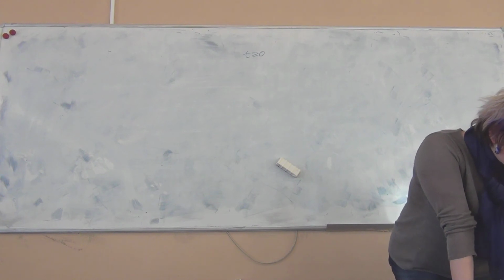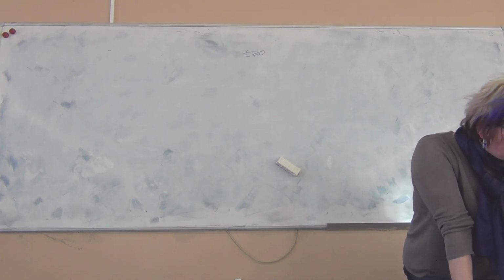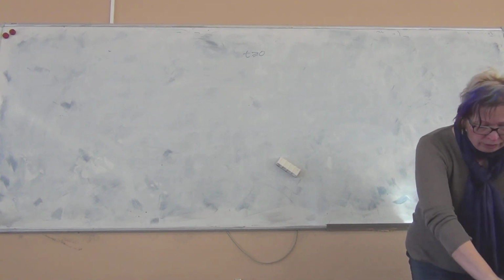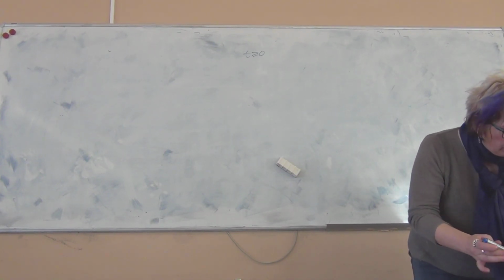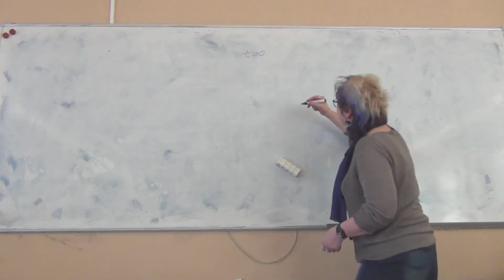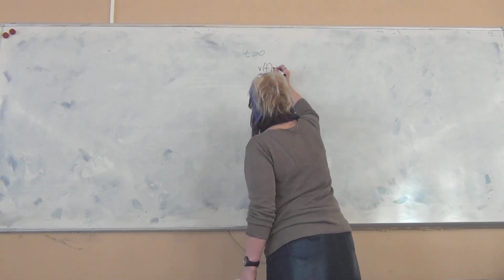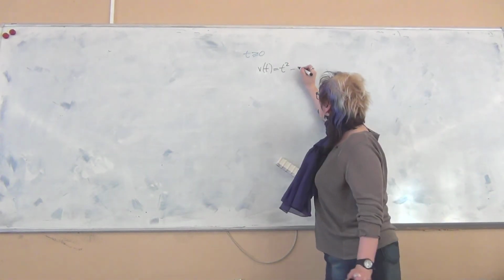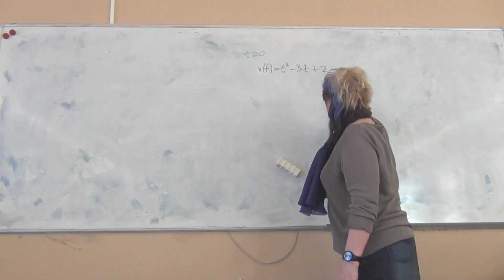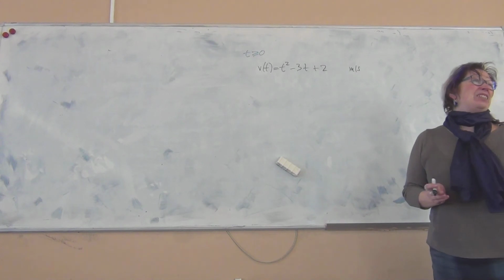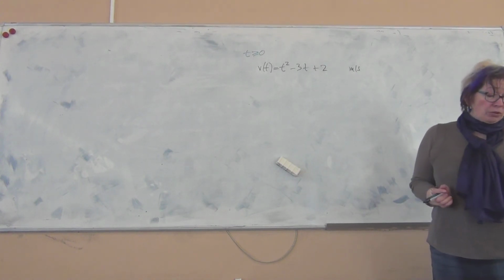Okay, let's have a look at that example. The velocity function is given, and it is t squared minus 3t plus 2 meters per second. So this means that time is in seconds and distance coordinates are in meters.